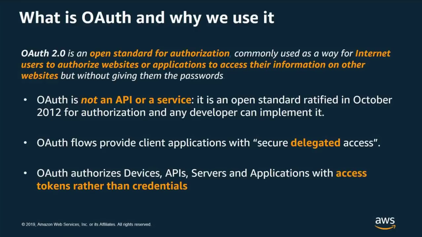The way it gets implemented is that OAuth enables services access, whether they're coming from devices, APIs, or applications, to access those backend services with tokens rather than credentials like a username and password. It'll be obvious how that comes together as we move on. So again, OAuth is a broad standard that's been around for a while now that is all about authorization between various parties.